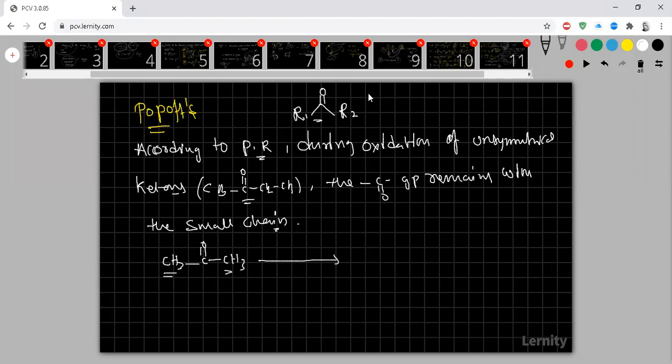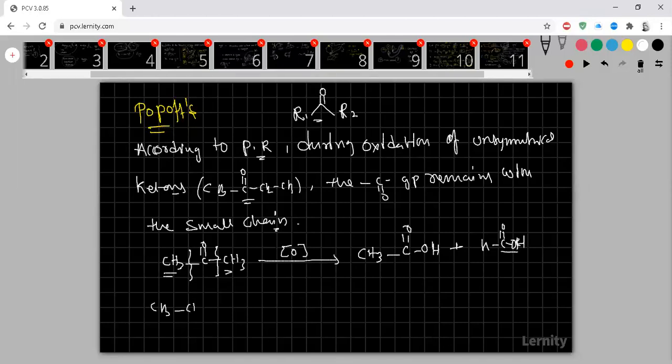So in symmetrical ketones, when they undergo oxidation, the bond can be broken here or here. Wherever it is broken, we will get the compound CH3COOH plus HCOOH. Okay, so first let's try to understand with symmetrical ketones.